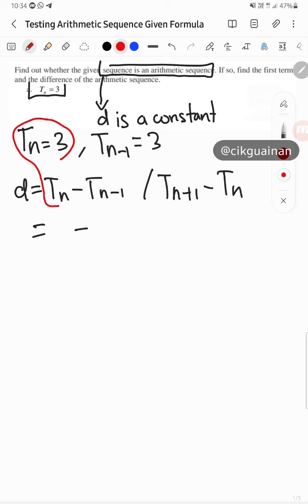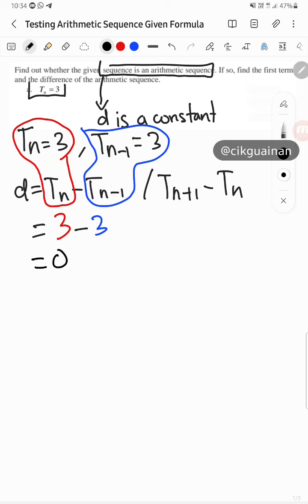Tn is 3 that we get over here, and Tn minus 1 is also 3. Now we subtract, and we have 0. Now, is 0 a constant? Yes, it is. So we know it is a constant already.